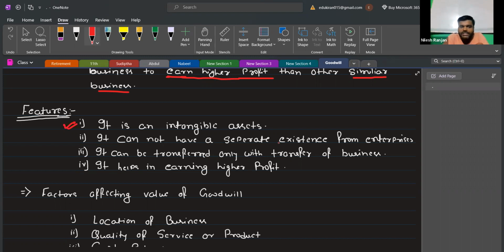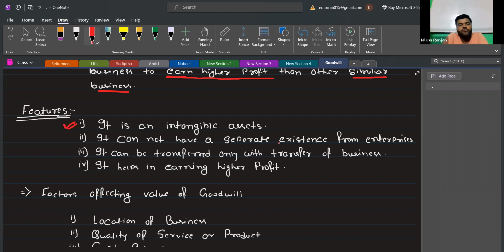The third point is it can be transferred only with the transfer of business, which I already told you. Goodwill cannot be sold without the related business. The fourth point is it helps in earning higher profit, meaning it helps a business to earn higher profit than other similar businesses.